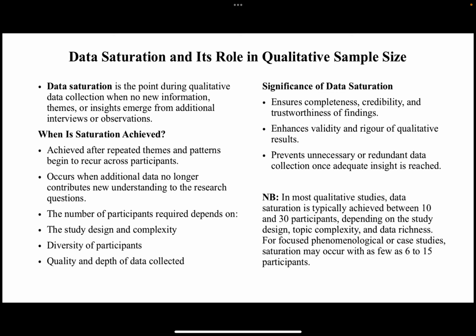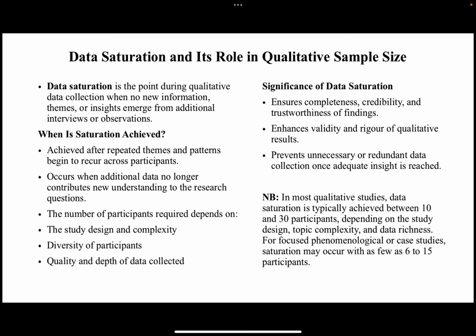Now, what is data saturation in qualitative research sample size determination? Data saturation is the point during qualitative data collection when no new information, themes, or insights emerge from additional interviews or observations.